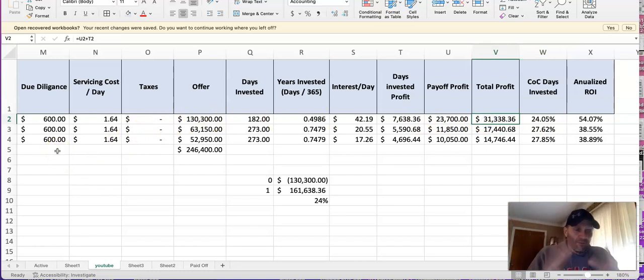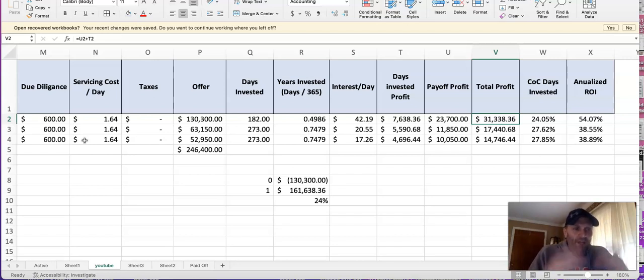So that's total. That's what you made in 182 days. But in order to evaluate asset by asset, because some of these assets have shorter fuses, some of them have longer fuses, you have to annualize these things. So that's when you can really make the determination. I mean, hell, 24.05% is a pretty good return any way you slice it.